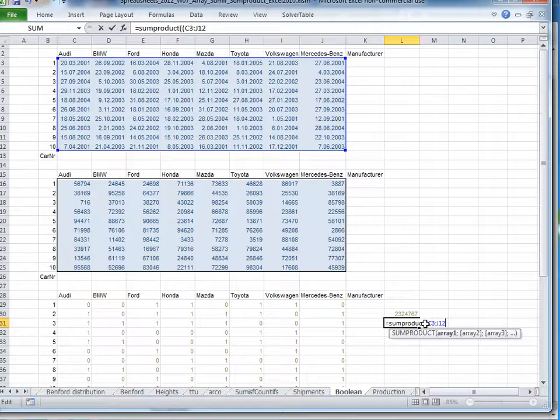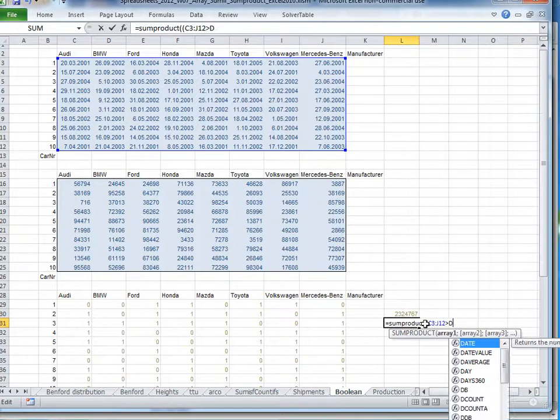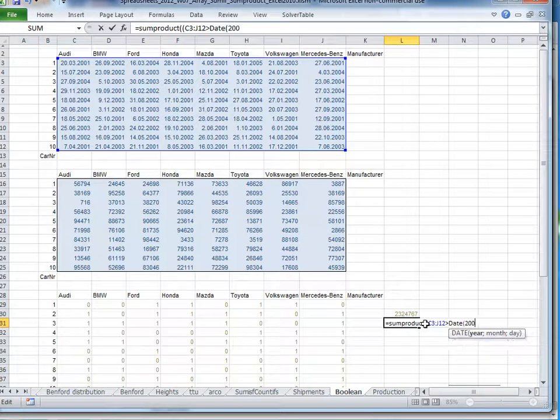Okay, so now if these dates are bigger than, and we just repeat ourselves, date 2003, semicolon 1, semicolon 1. So if these dates are bigger than the beginning of 2003, and now let's close the parentheses, and now inside the sumproduct this 0-1 table is now created.